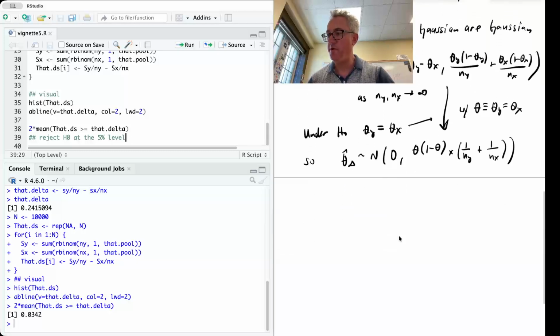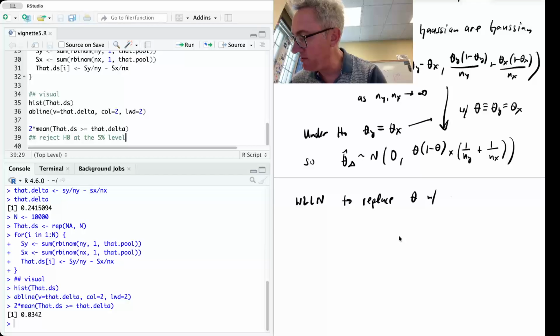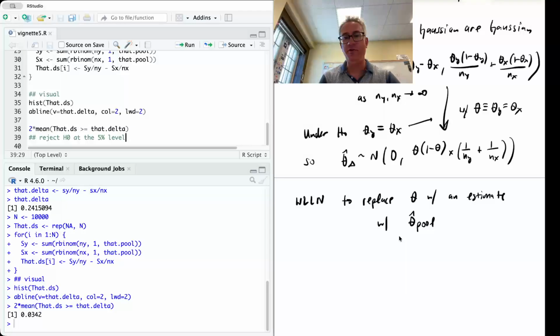And again, remember what we did in chapter 4. We used the weak law of large numbers to replace theta with an estimate, and the sensible estimate to use is theta hat pool. Again, you have some freedom about what estimate you use, as long as asymptotically it takes you to the right theta value, which theta hat pool will.